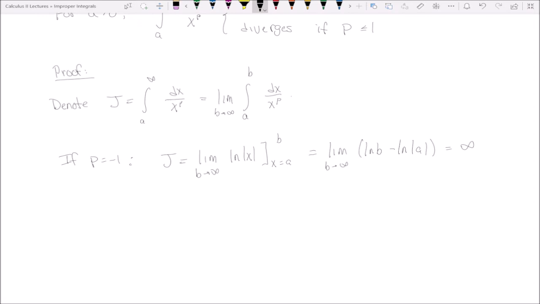I'm sorry, I didn't want p to be negative 1. That was p is equal to 1. I forgot it's in the denominator, right? So if p is 1, then we have all this.